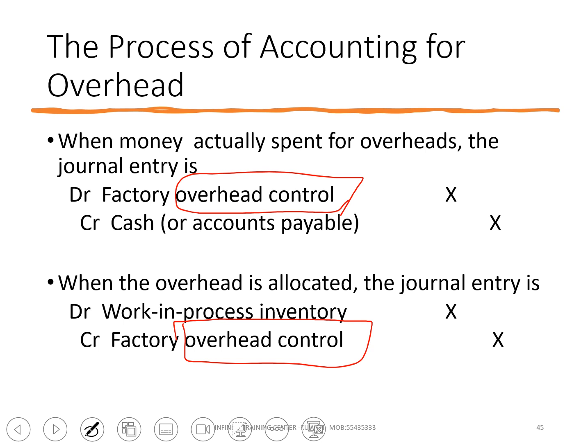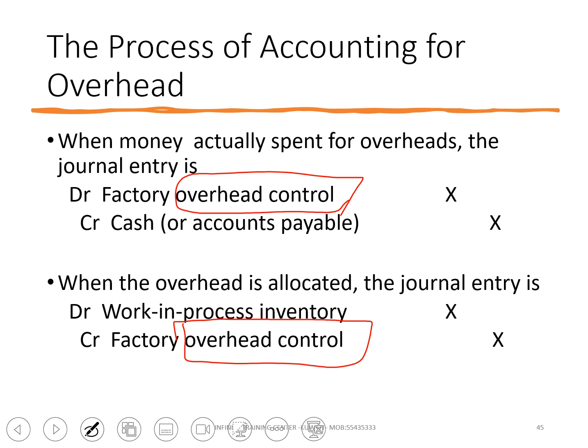So all the debits and all the credits are the same. There won't be any balance in the factory overhead control account. Whenever you spend, everything goes to the debit side. Whenever you apply, everything goes out of the overhead control account. So by the end of the year, you will not have any balance in the overhead control account, as overhead control account is a temporary account.